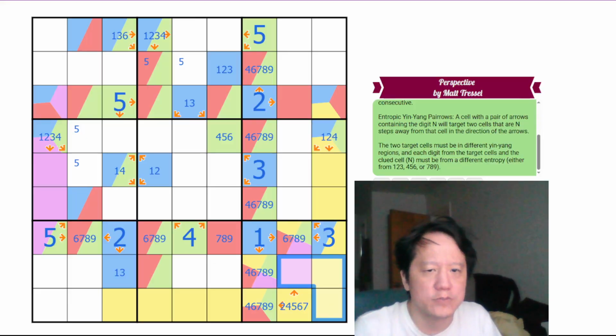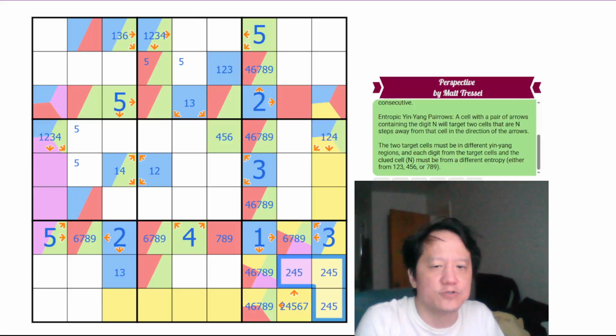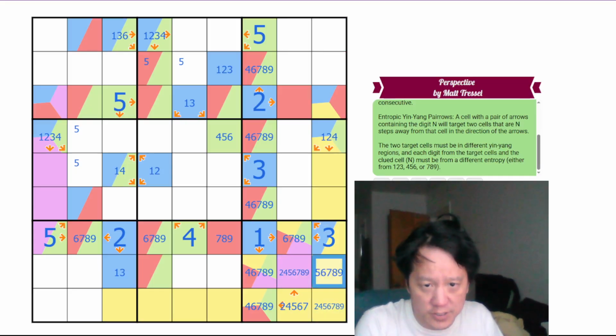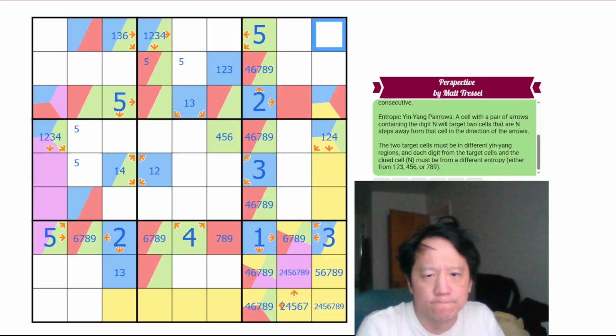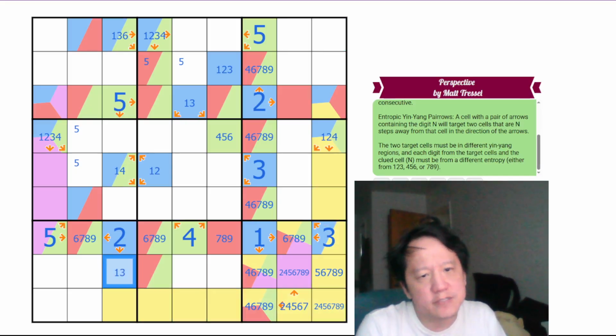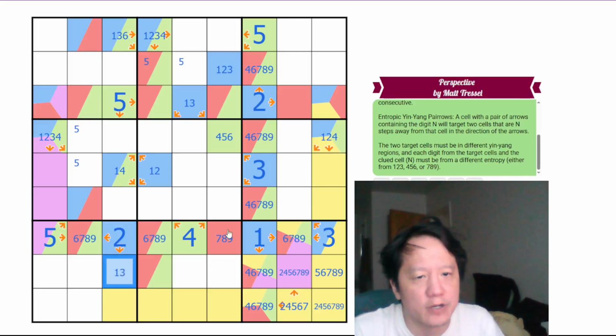So remaining digits in box 9 are 2, 4, 5, 6, 7, 8, and 9. No 2 or 4 here because these are guaranteed to be the same set, or same region. This is 1 or 3 here. So these have to be different regions here. Oops. Edge only.